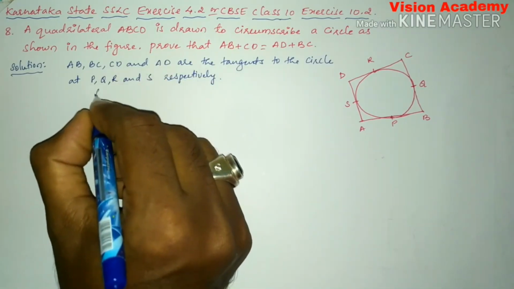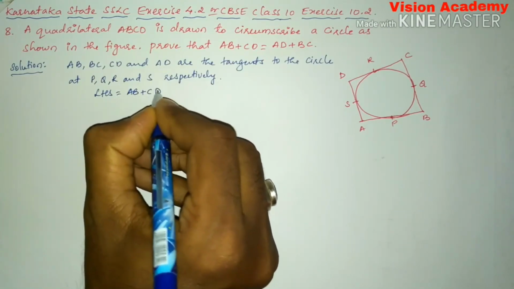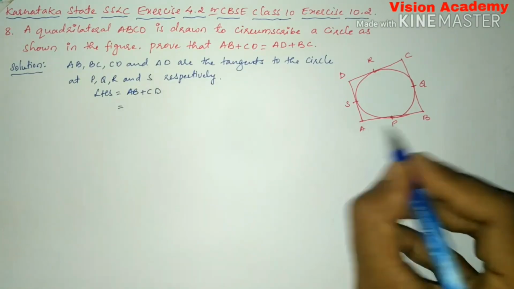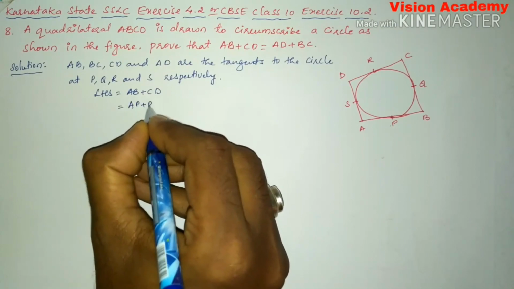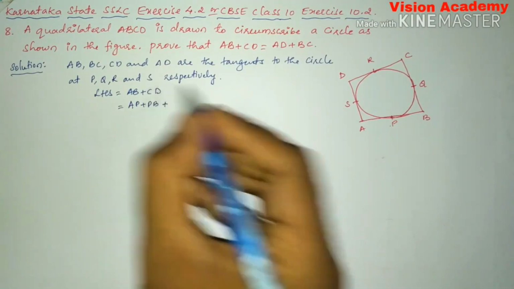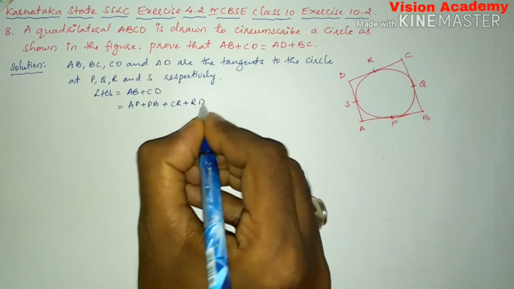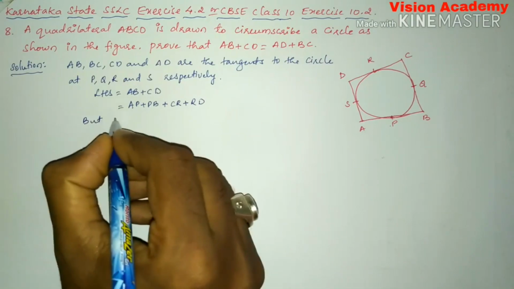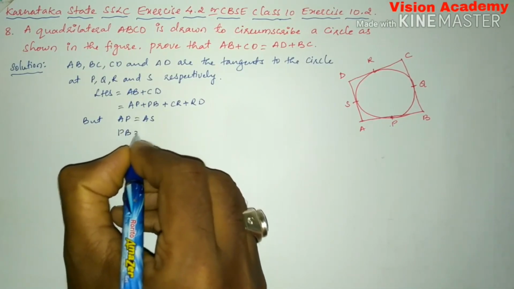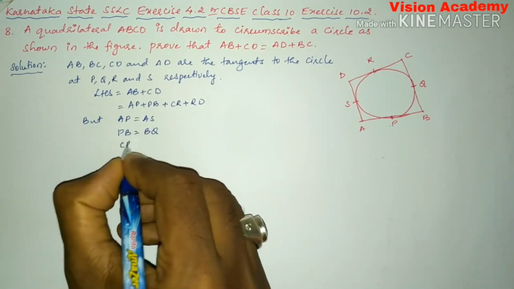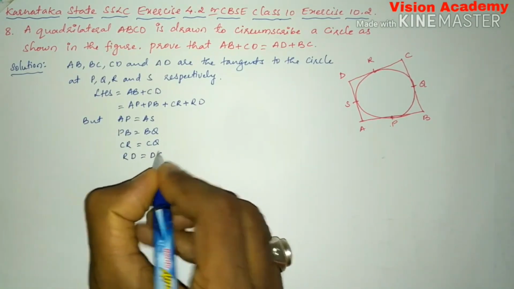Now let us take LHS, that is left hand side, is equal to AB plus CD. So here the length AB can be represented as AP plus PB, and CD can be represented as CR plus RD. But AP is equal to AS, PB is equal to BQ and CR is equal to CQ and RD is equal to DS.